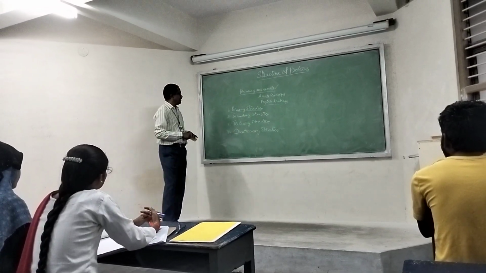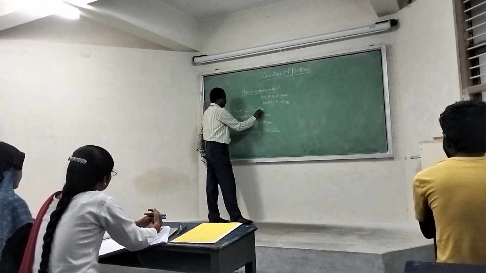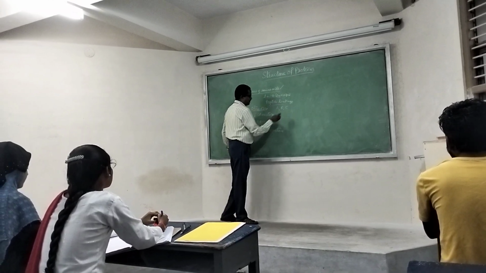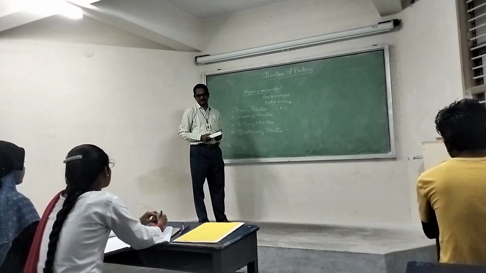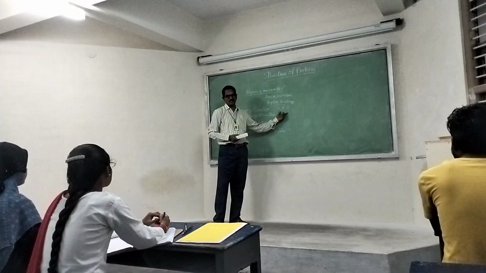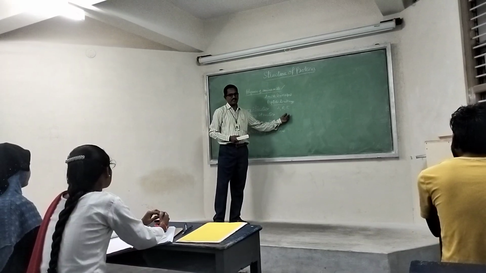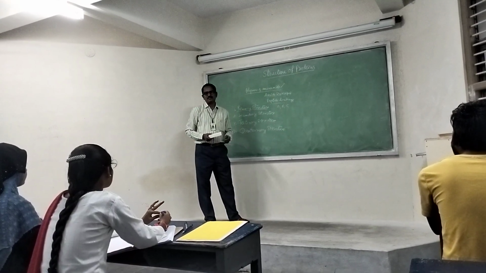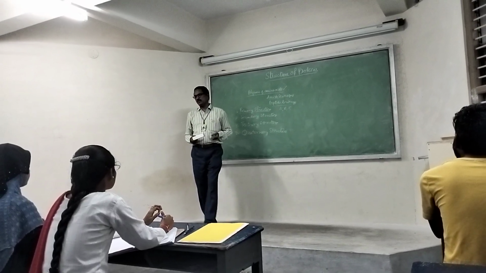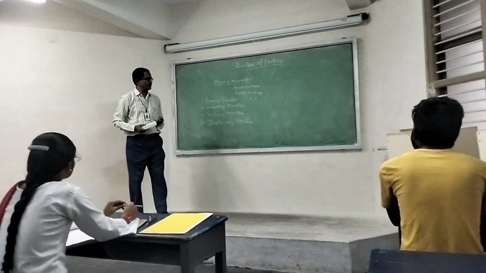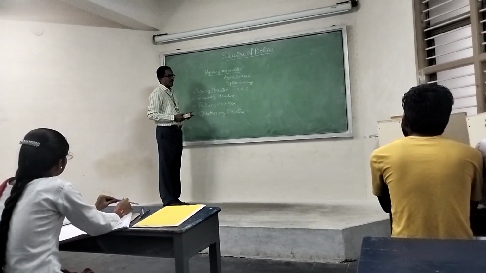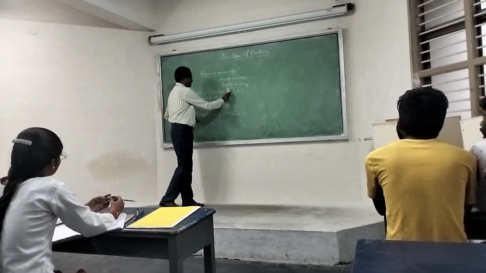Suppose the protein molecule or peptide chain is composed of three different amino acids like A, B, C. What is the sequence of those amino acids? What is the nature of A, what is the nature of B, and what is the nature of the third amino acid? So here we get the information about the sequence of amino acids in the peptide chain.